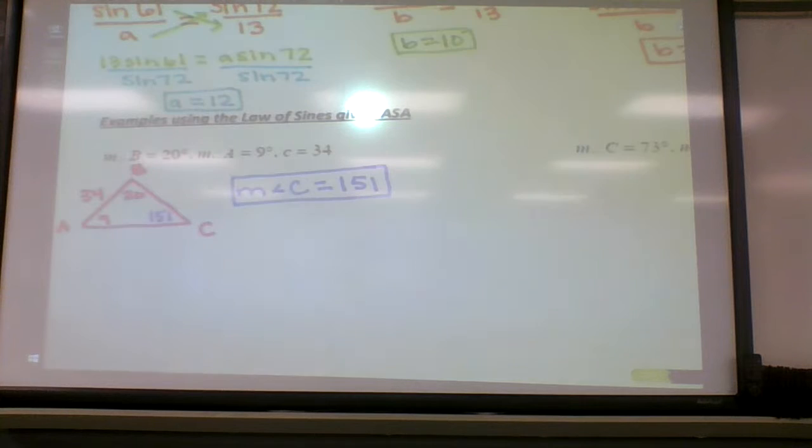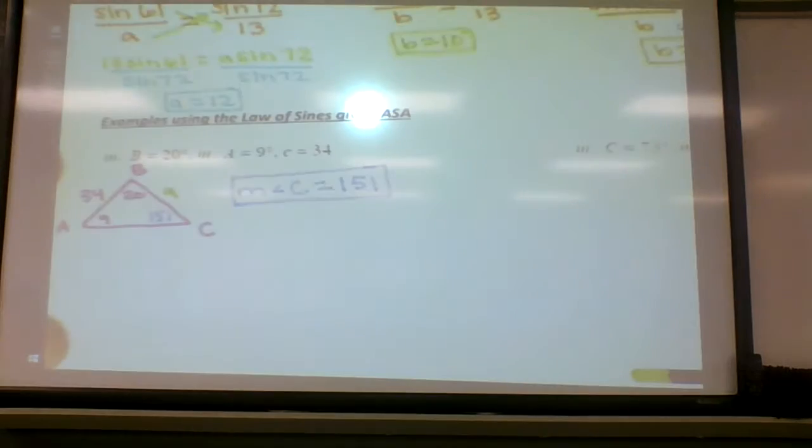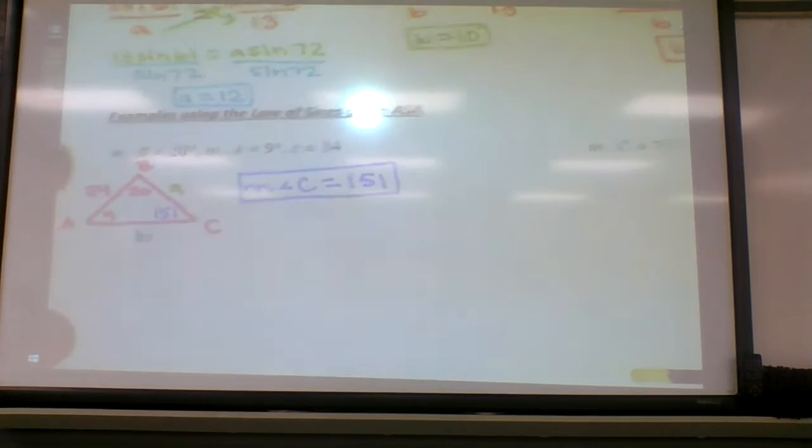Yeah, this is an obtuse triangle. I'm not so much worried about it in my picture though. Don't ever get too focused on the picture. The picture is just to understand the matching sides and what we're trying to find and stuff. So, all right, we have to find little a, and we have to find little b.